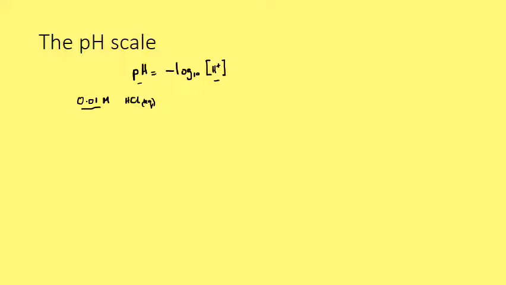So we fit that concentration into the equation above to give minus log 10 of 0.01. And when you feed that into your calculator, you're going to find that it comes out at 2. I've listed the pH to 2 decimal places because at A level that is the accuracy that you'll usually be required to express your pH values to.